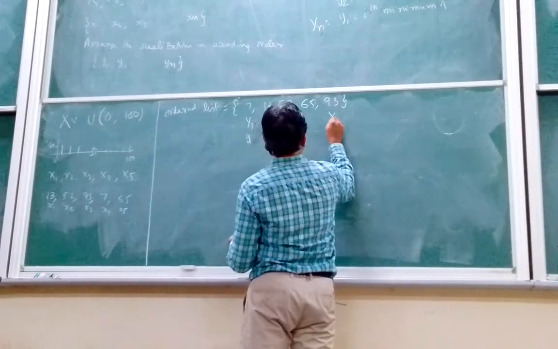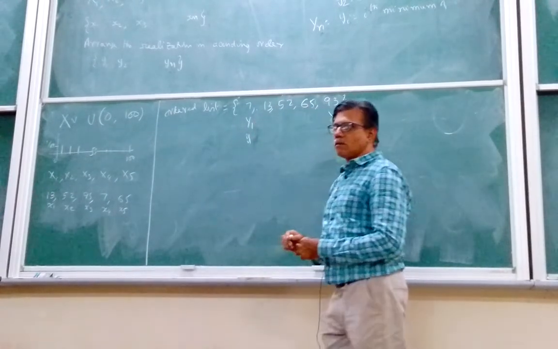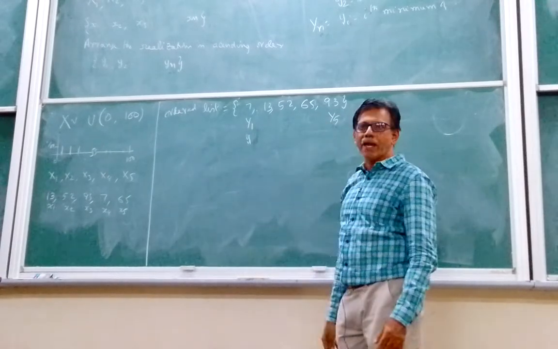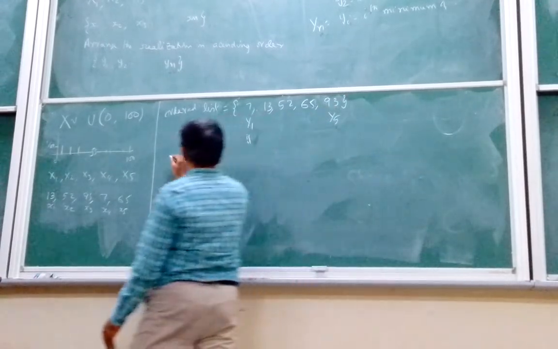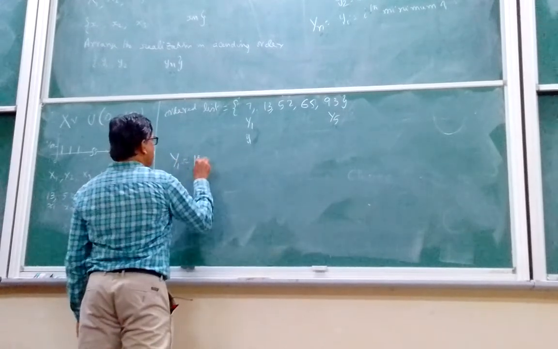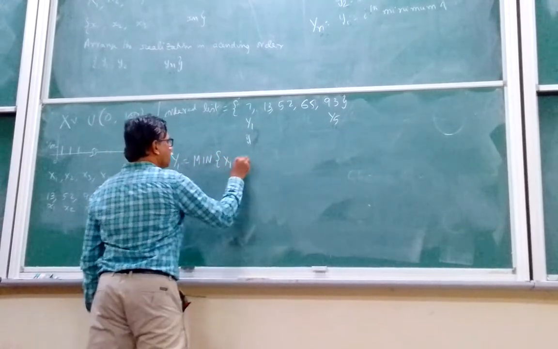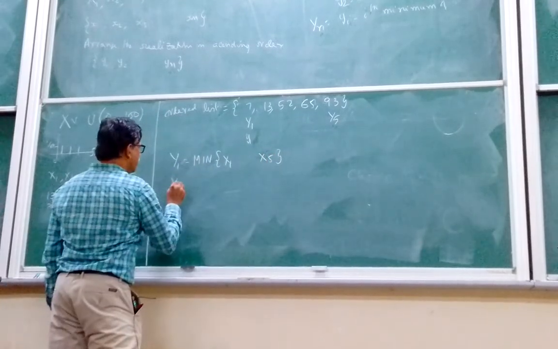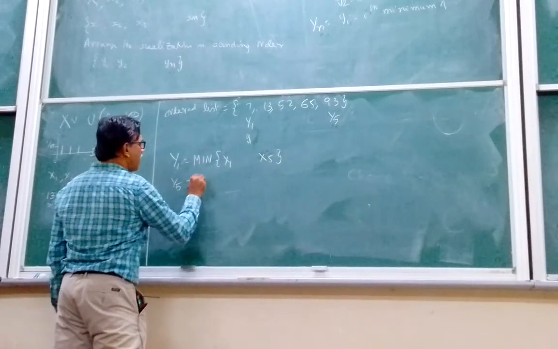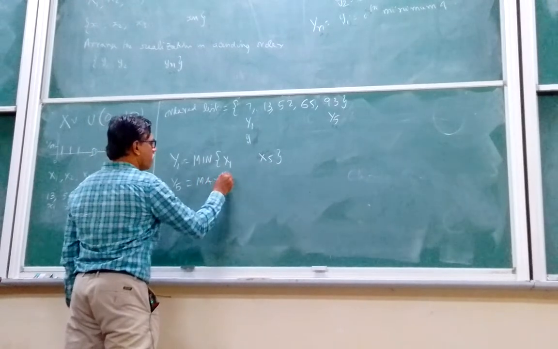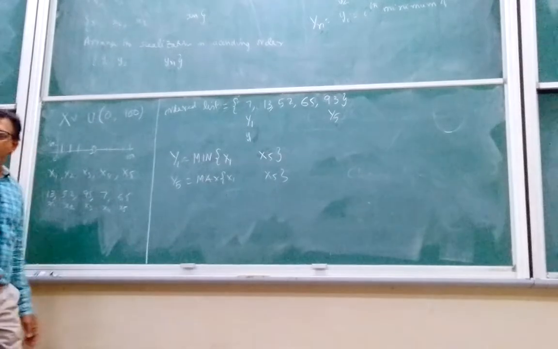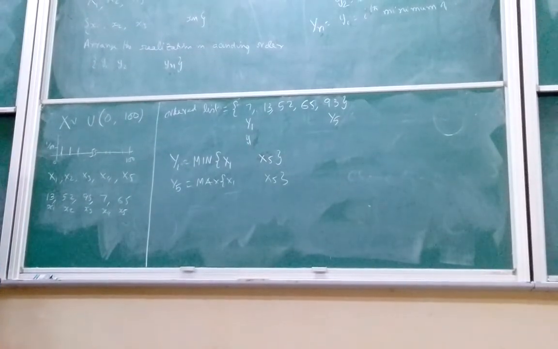And this last one I would call y5, which is the maximum of x1 to x5. So y1 is the minimum of x1 to x5, and y5 is the maximum of x1 to x5. In a similar manner, the others can be reached.